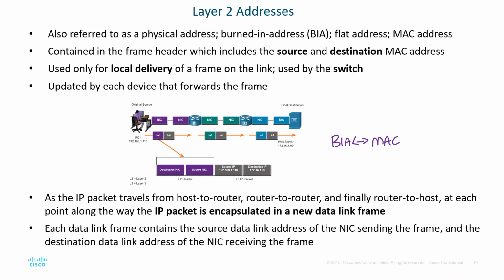Again, because it is burned into the NIC card. It is contained in the frame header, which includes the source and destination MAC address, used for local delivery only, so only on our local area network or our WAN network. Updated by each device that forwards the frame.